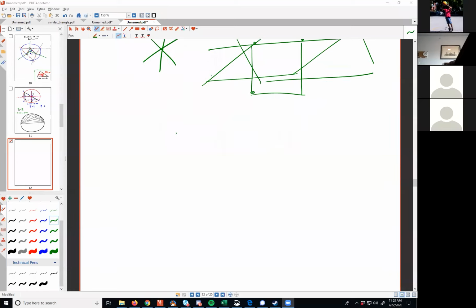So, is 1 point good enough to define a circle? No, because I think 2 points define the diameter of a circle. No, I think it's 3. 3 points define a circle.